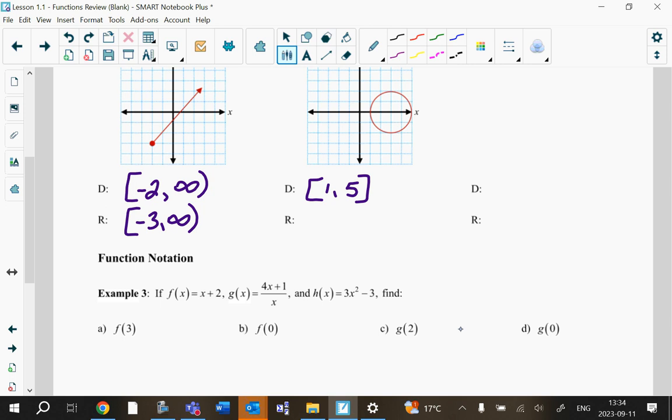If it's connected, that means everything in between. And that's how we show everything from 1 to 5. Range would be lowest to highest. -2 to +2 with brackets. Function, yes or no? No.